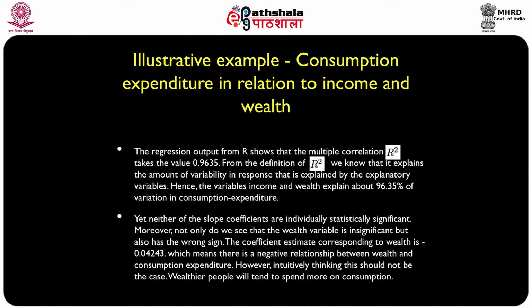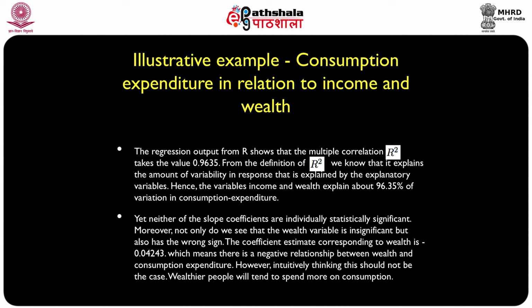Yet, if we look at the coefficients, neither of the slope coefficients corresponding to income or wealth is individually statistically significant. Moreover, not only do we see that the wealth variable is insignificant, but it also has the wrong sign. We know that wealthier people tend to spend more on consumable items.